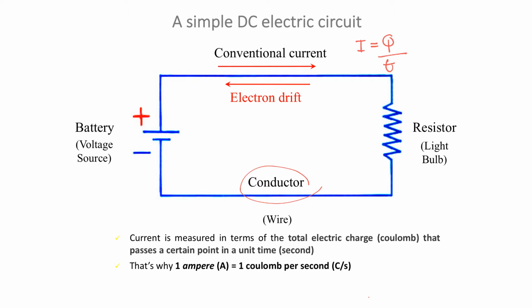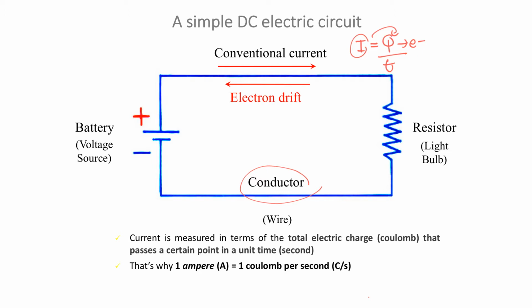As you can see, the current flow is always constant whether there's a resistance or not. Because current flow is basically charge flow, and the type of charge is the electron. An electron cannot be destroyed and cannot be created.